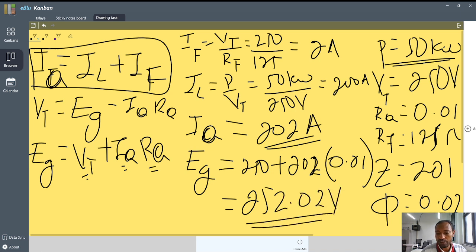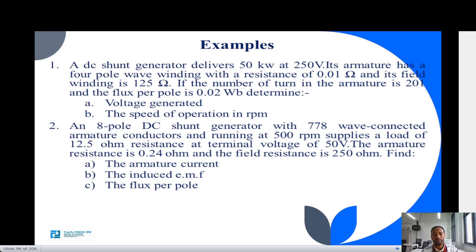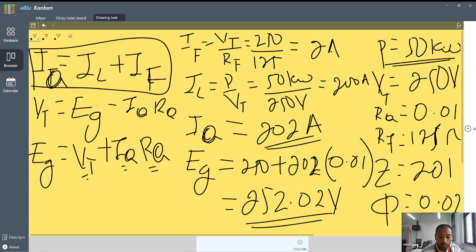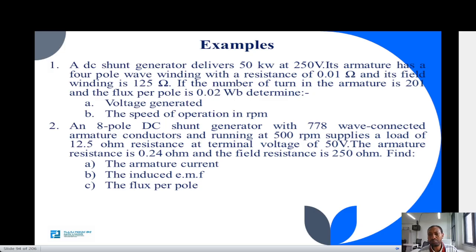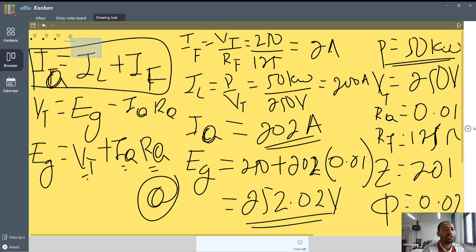This is the generated voltage, what we said as part A. And what is the next question? B: speed of operation in RPM. What should be the speed, and at what speed is this machine rotating?